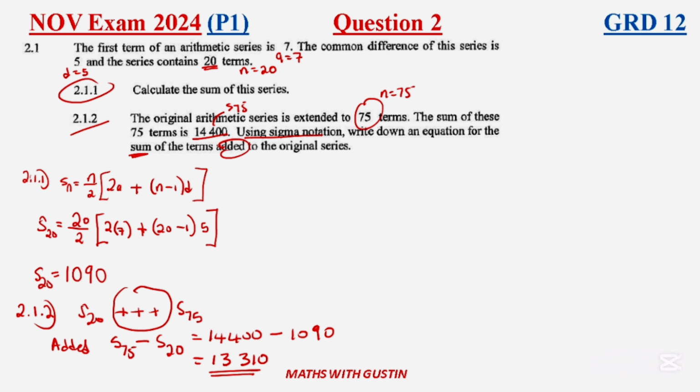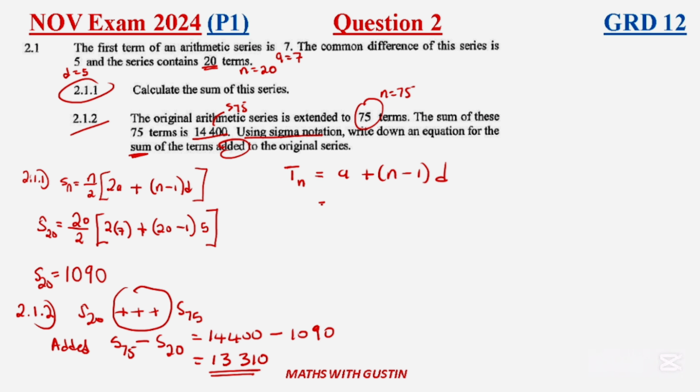So now they want us to use sigma notation. Right. So now let's go ahead and find the formula of these terms. Remember, this is an arithmetic sequence, so we're going to use Tn is equal to a plus n minus 1 close bracket d.